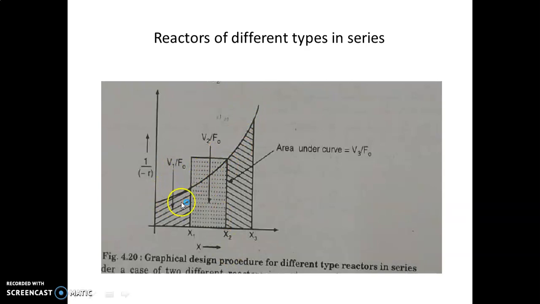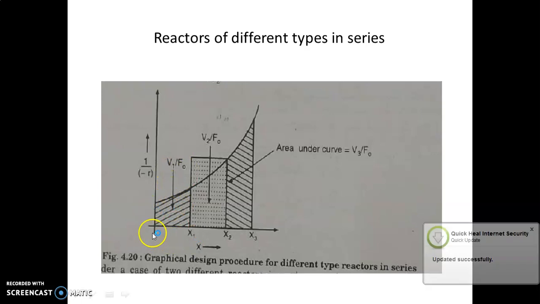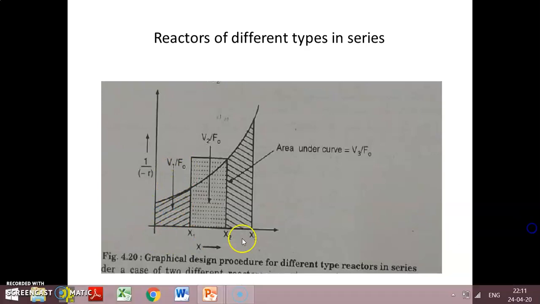Then the first reactor is the plug flow reactor, so conversion is 0 to x1. You have to consider the area under the curve, because this reactor is a plug flow reactor. This area is equal to V1 upon F0, so from this we can calculate the volume V1.